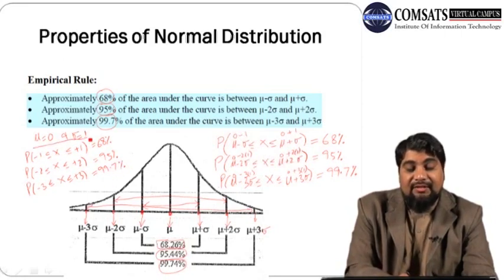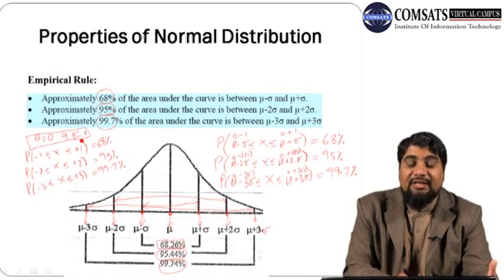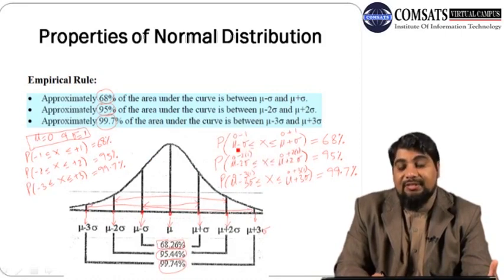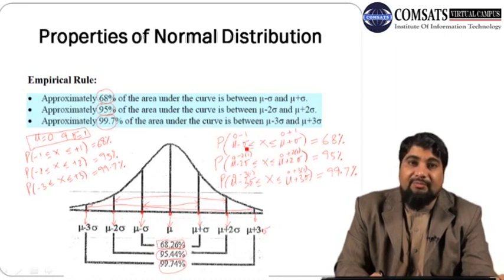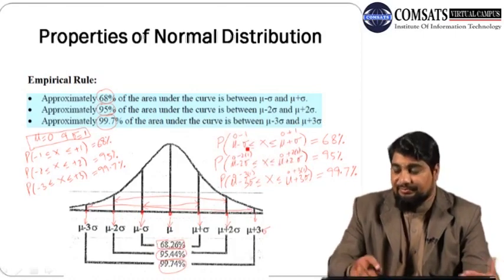So similarly, if mu is different from 0 and sigma is different from 1, we can calculate the range of x values by just replacing mu by the appropriate value and sigma by the appropriate value. So you can get different ranges. So these three rules are very important.